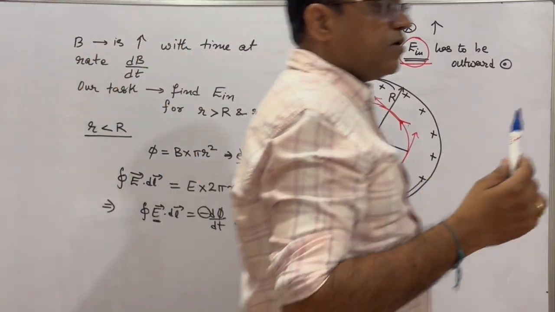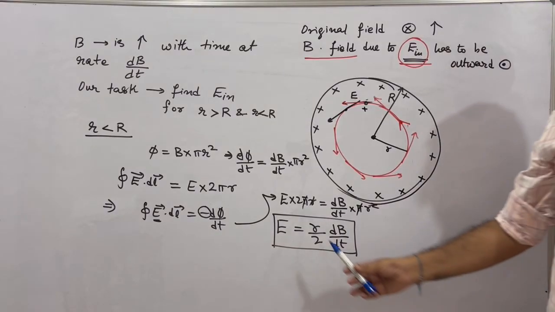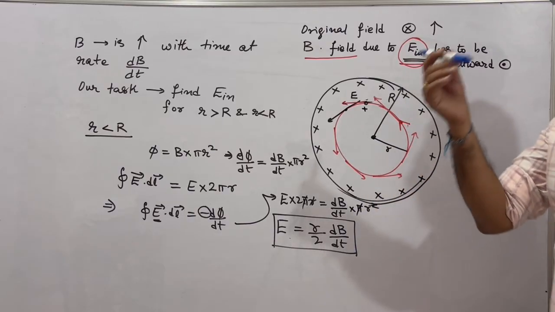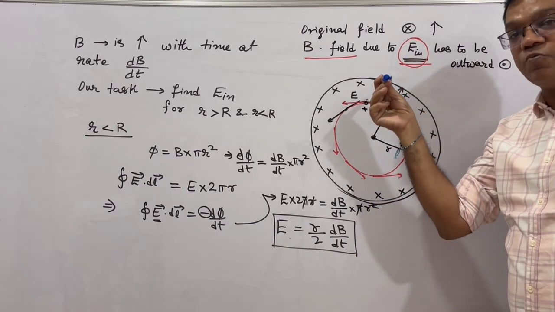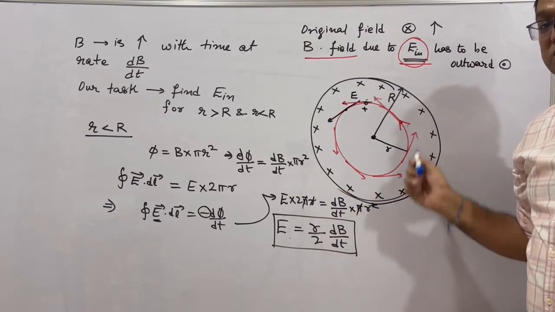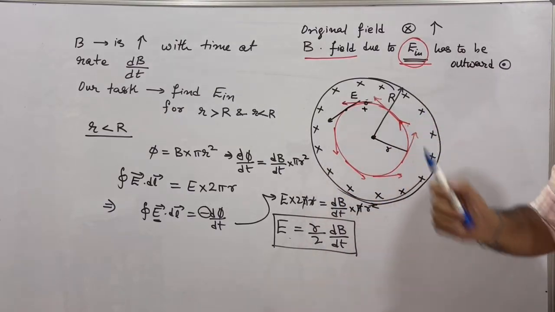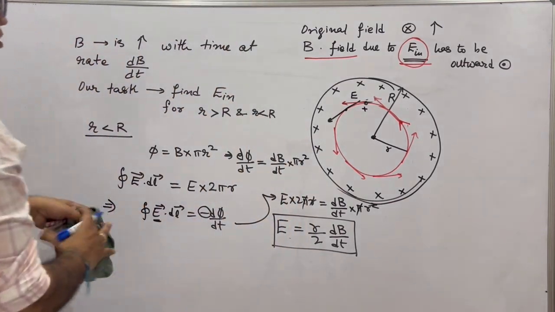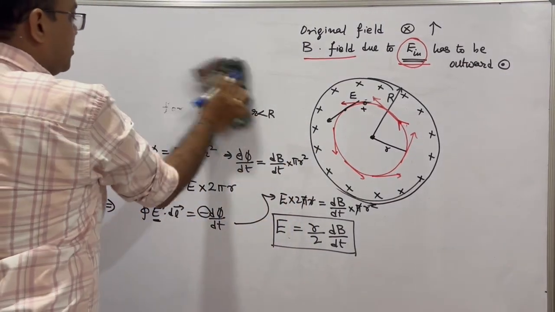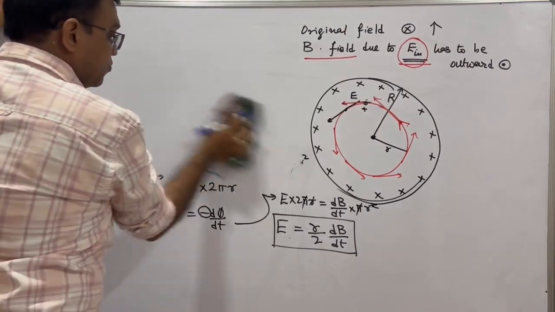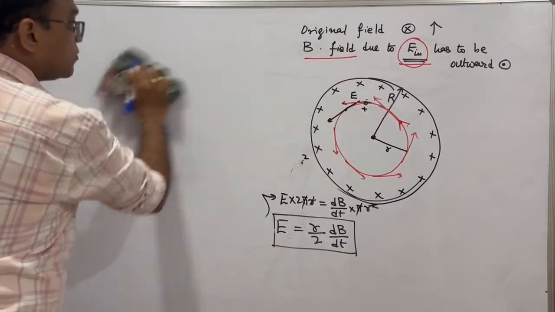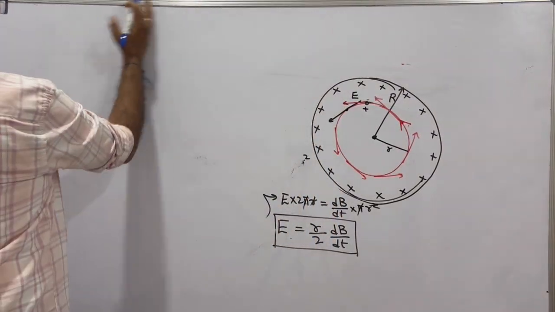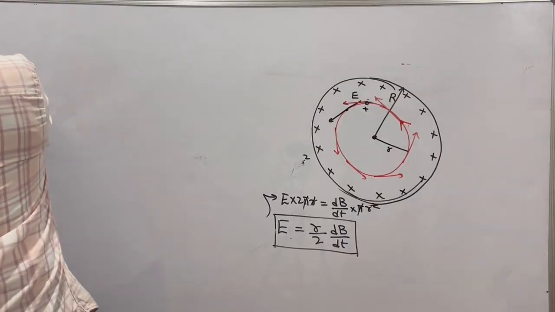So here, for the inside point, we have found the induced electric field expression as R by 2 dB by dt. If the field is increasing into the board, then the direction of this field comes out to be anti-clockwise. Now we are doing the same thing for the outside point, where we are interested in finding the induced field.